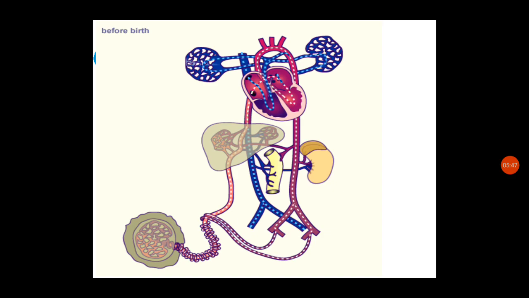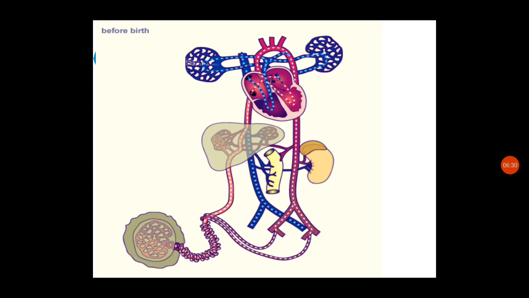The remaining 2/3 comes down with the superior vena cava blood from the upper part of the body into the right ventricle. So 1/3 goes to the left atrium, and 2/3 along with the superior vena cava blood comes down to the right ventricle.